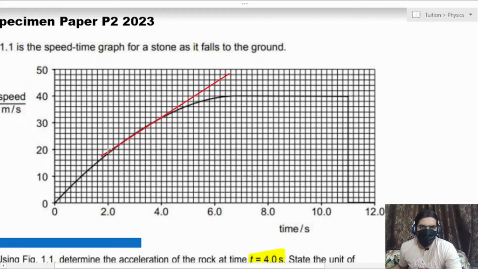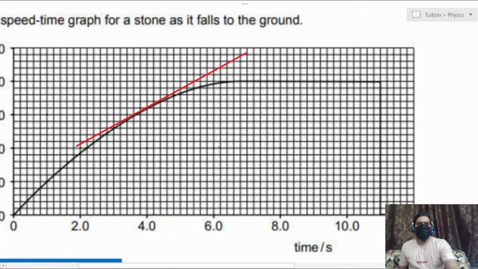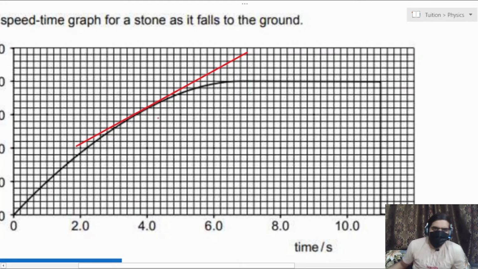Once you're doing it on paper, it's not difficult at all. All right, so I assume that this line is touching only this point at 4 seconds.